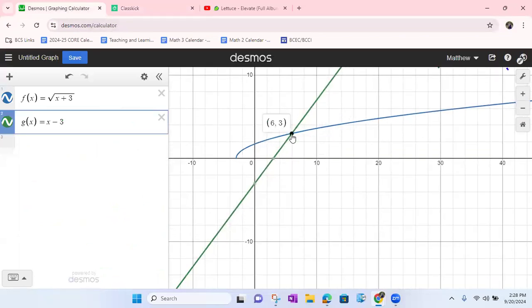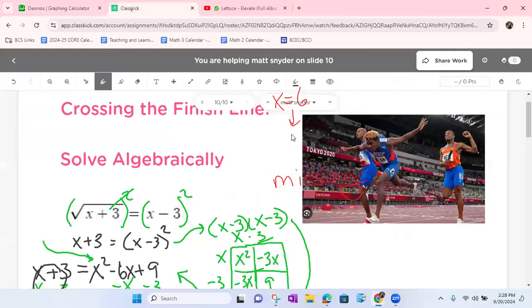So there we go. We've got x equals 6 as an intersection. You can see it right there. So x equals 6 is one of the intersections, but you'll notice that we're missing the other one. So what was the one that is missing? We are missing the intersection that is down here.